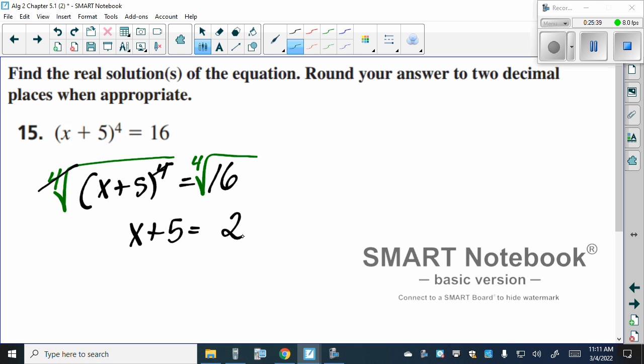So even root with a positive number means this is positive or negative. Because realistically, if we're taking the fourth root, that means we're dealing with an even function. And if we remember back to our higher degree polynomials, they look like a U. They'll both end up going either both up or both down. So that means it's going to cross the x-axis at least twice, or none at all if it doesn't have real solutions.